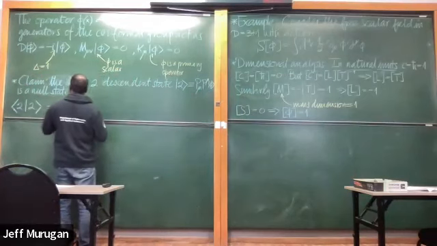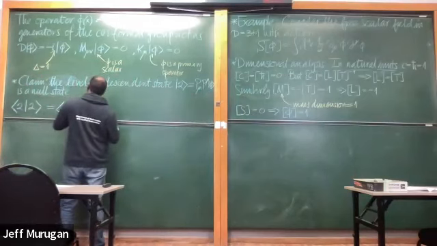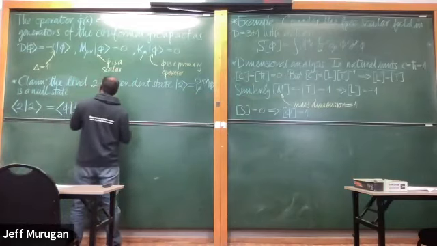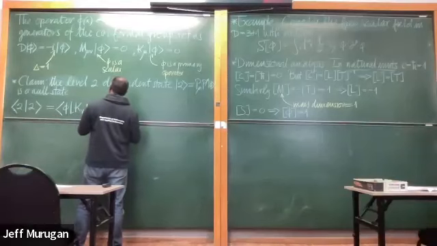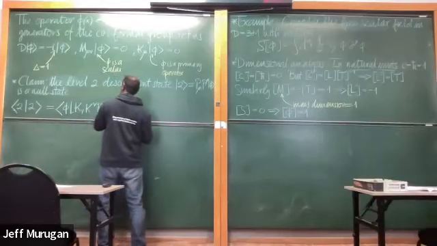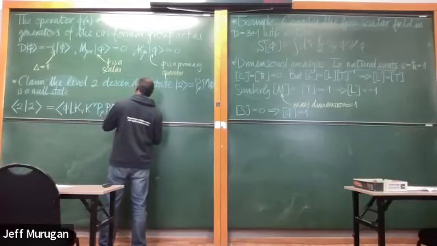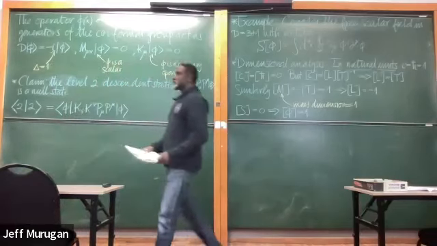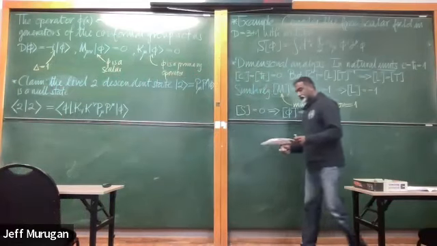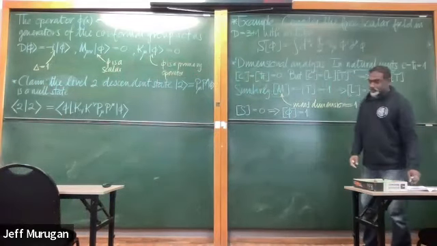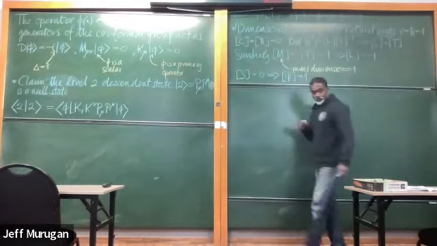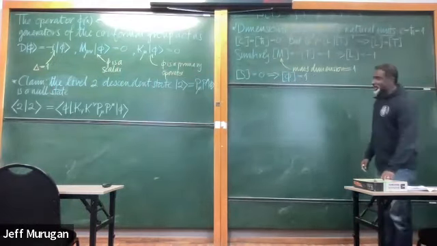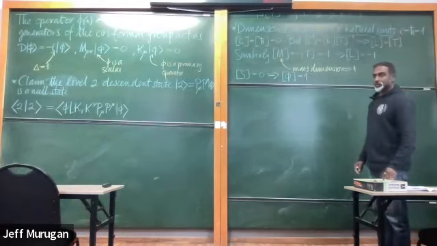So this is just phi k mu, p mu, phi. So let's calculate this thing. In particular, I want to show you that k mu p mu is 0, acting on phi.